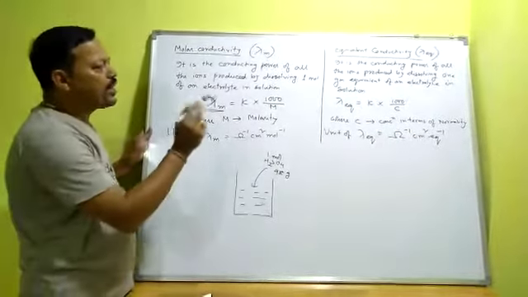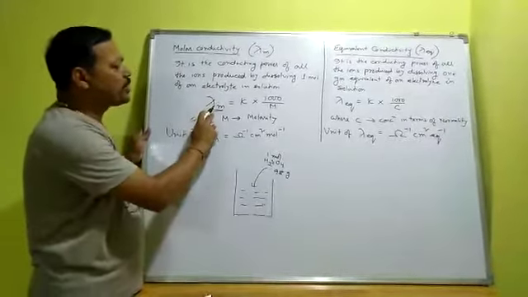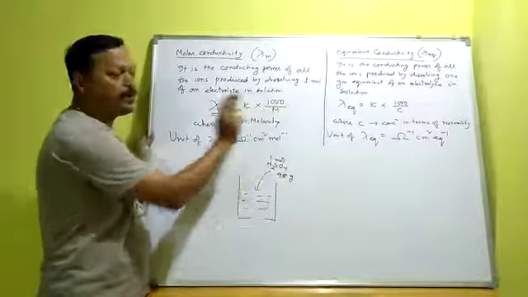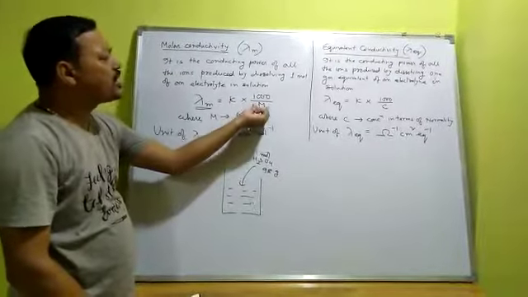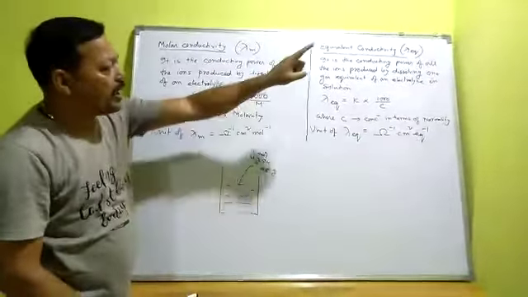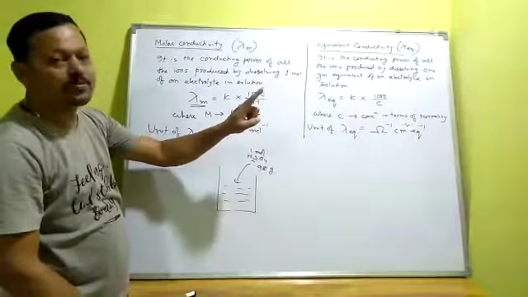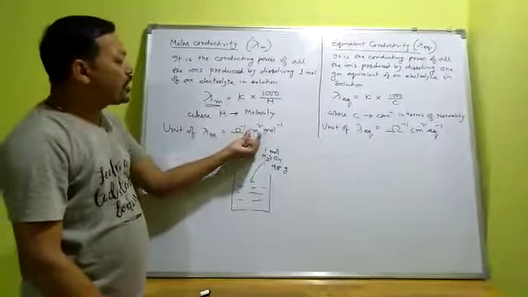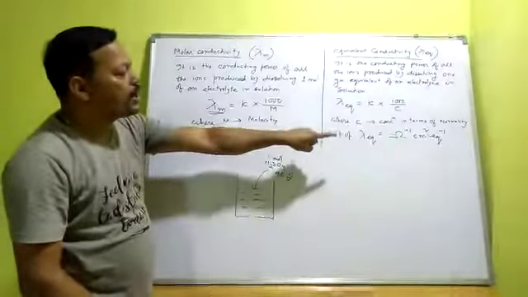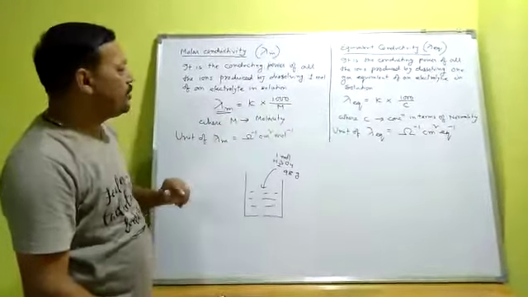The equation is lambda EQ equals kappa into 1000 by C, and for molar conductivity, lambda m equals kappa into 1000 by M. Here M is the concentration in terms of molarity, and C is the concentration in terms of normality. Unit of lambda m is ohm inverse centimeter square mole inverse. Unit of lambda EQ, the equivalent conductivity, is ohm inverse centimeter square equivalent inverse.